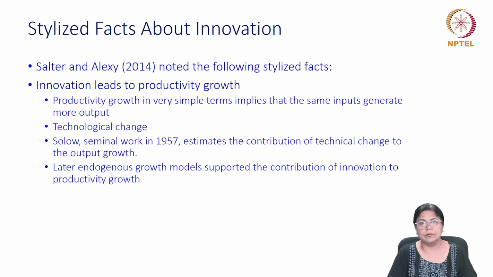That residual has been treated as technical change, essentially implying that apart from the accumulation of capital and labor, there are other forces acting which lead to the increase in output growth.